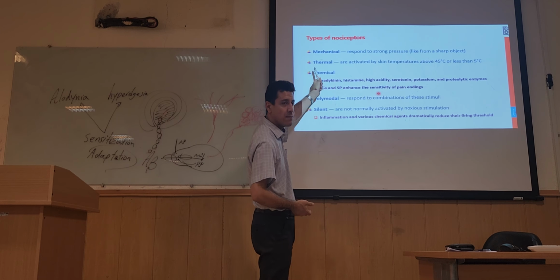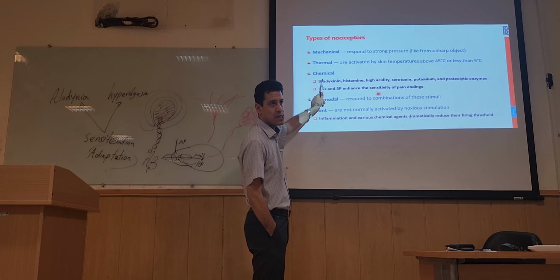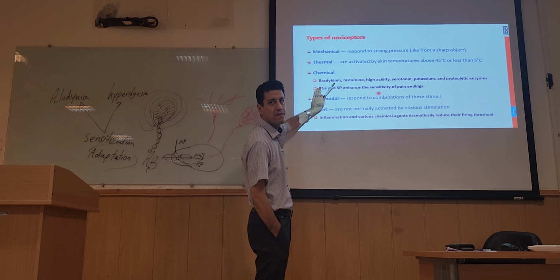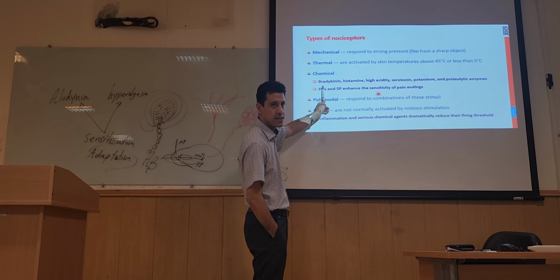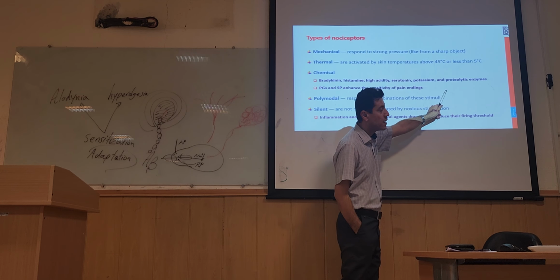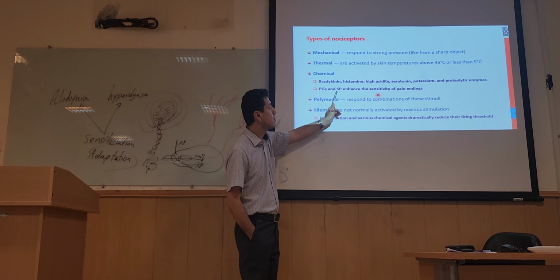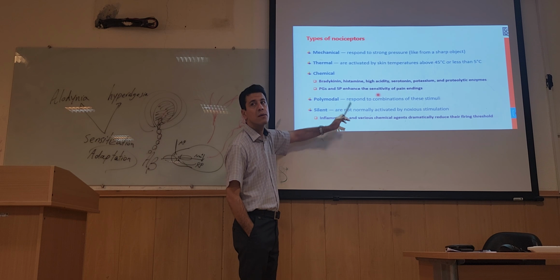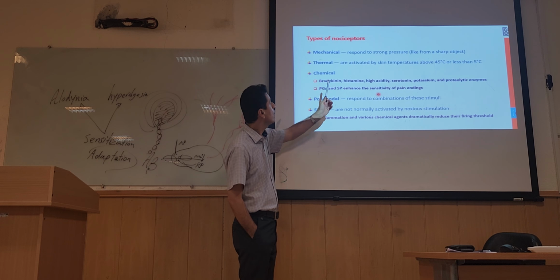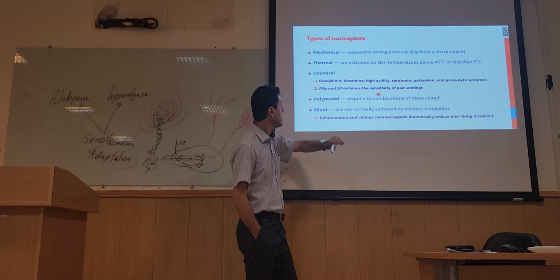Thermal is sensitive to extreme hot and extreme cold. We have chemical nociceptors that are sensitive to some types of chemical substances like histamine, acids, serotonin, potassium, enzymes, phospholipids. Other chemicals like prostaglandins and substance P don't activate nociceptors directly, but they can increase the sensitivity of the nociceptors to other chemicals.